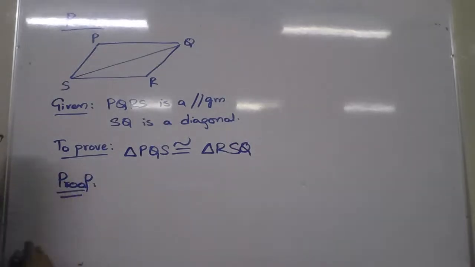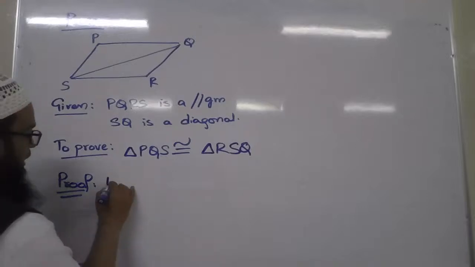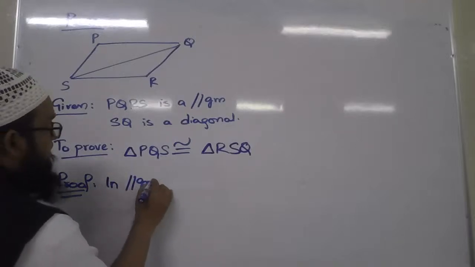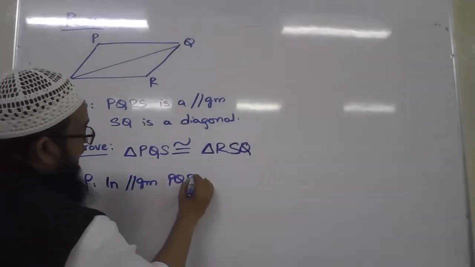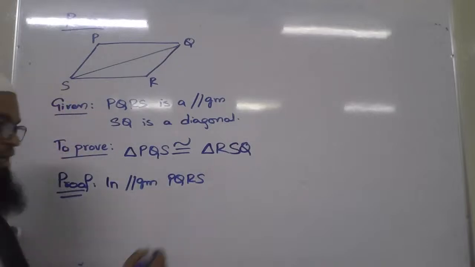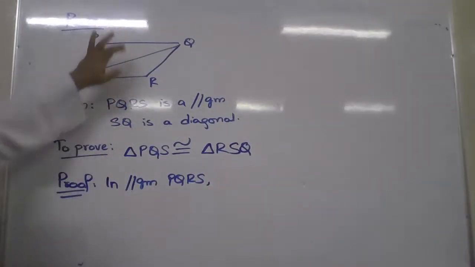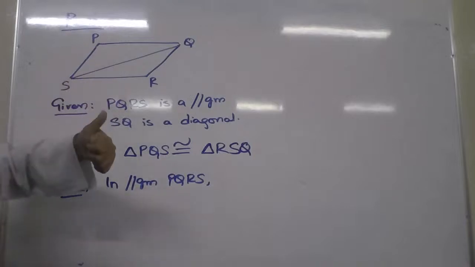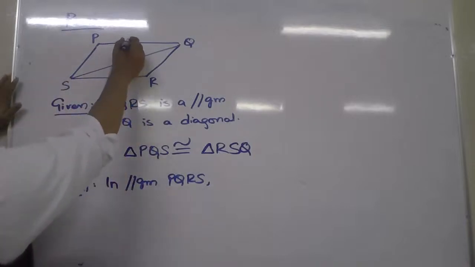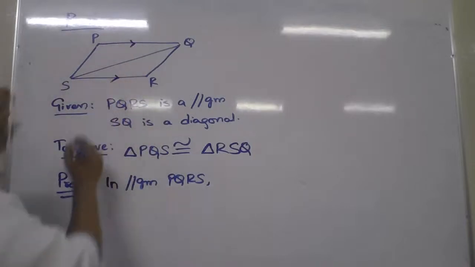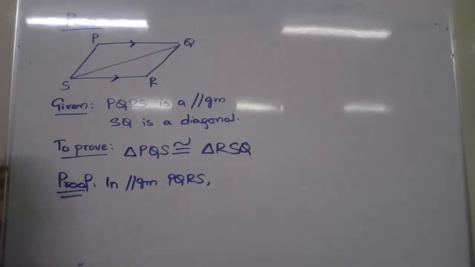What is the proof? So first, let us see what we know. In parallelogram PQRS, what do we know about a parallelogram? That these two are parallel. Good. PQ is parallel to SR. Understood or not?